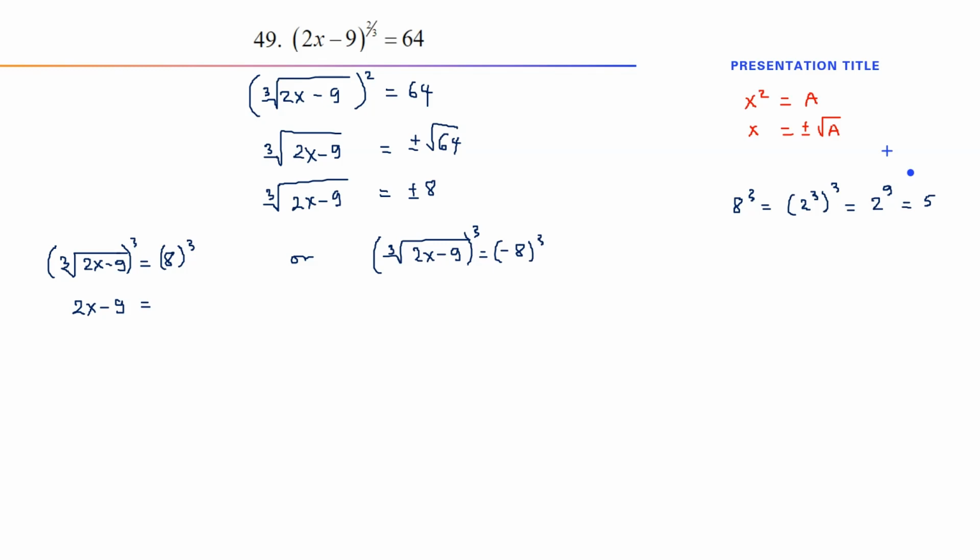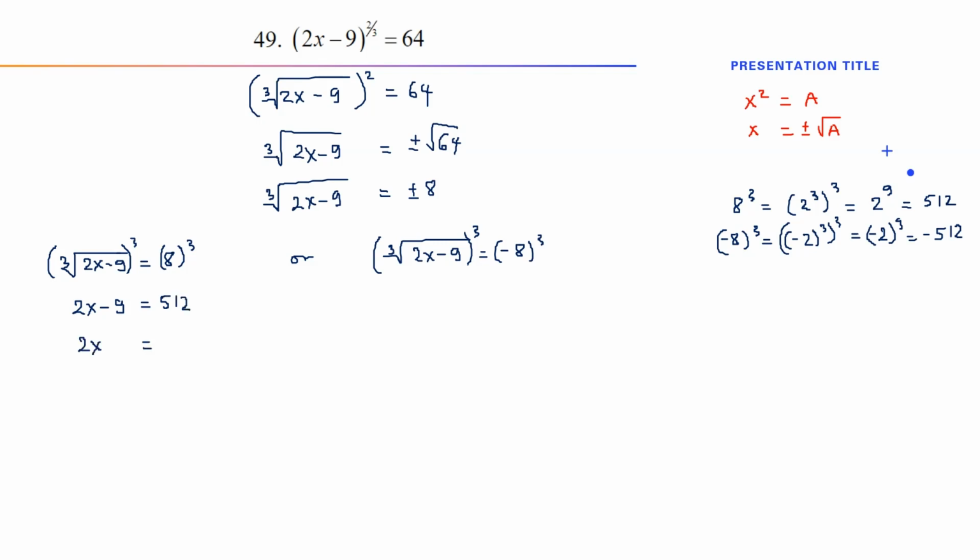I know this one equals 512. Then negative 8 cubed is negative 2 cubed, and then to the 3 outside, that is negative 2 to the 9, that is negative 512. So 8 to the 3 is 512.